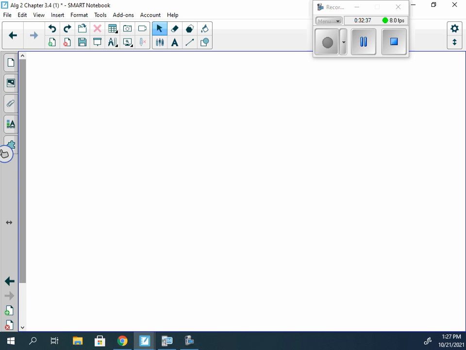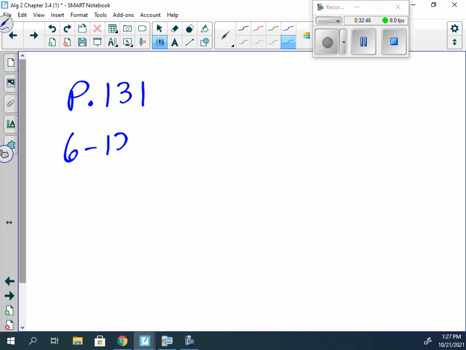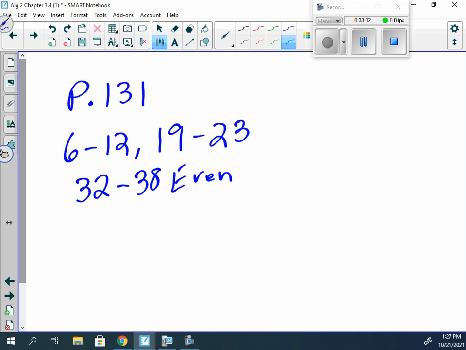Minus 12 is equal to, or on page 131, 6 through 12, 19 through 23, 32 through 38, even, and 44 through 50, even.